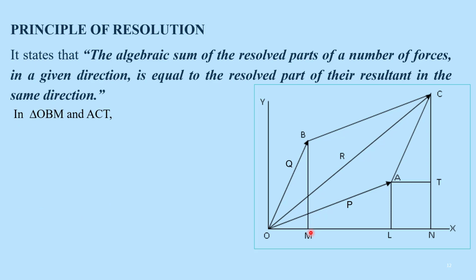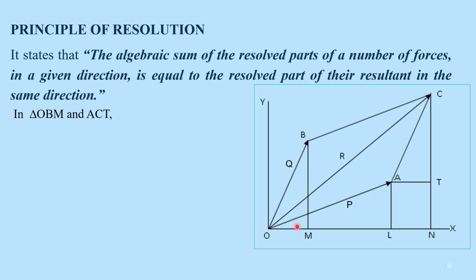So here I am going to consider two triangles. One is triangle OBM and another one is triangle ACT. Now from these two triangles OBM and ACT, they are equal triangles, right? Why? Because OB and AC are parallel and equal.